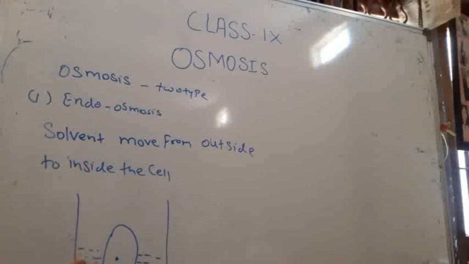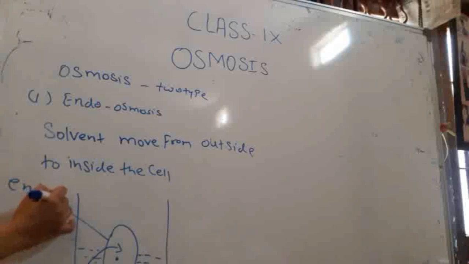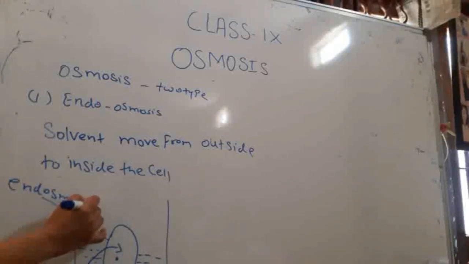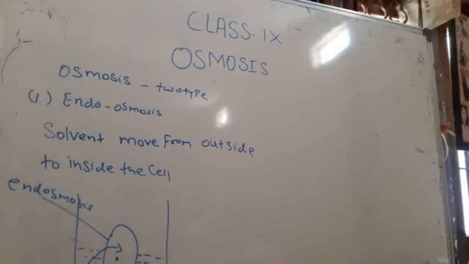Water will move from outside to inside of the cell, and this process is called endoosmosis. When water moves inside the cell, for example an RBC, when placed in water it bursts. In a plant cell, due to the presence of a rigid cell wall, such a disruption is prevented.